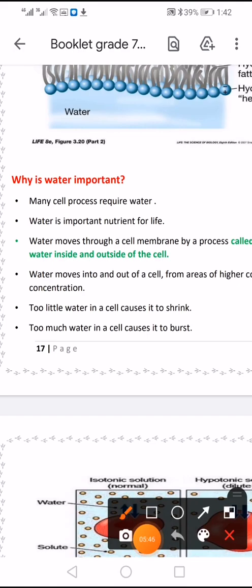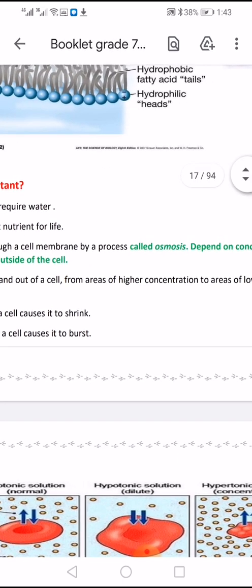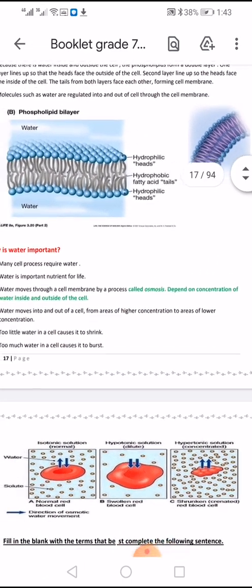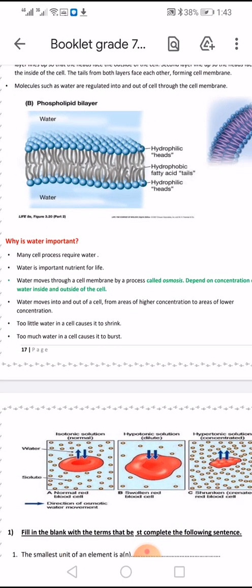This part is very important, as water contains nutrients which are important for life. So what's meant by osmosis? It depends on the concentration of water inside and outside the cell.